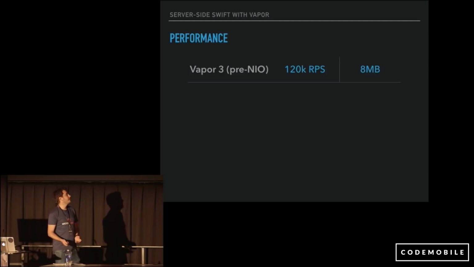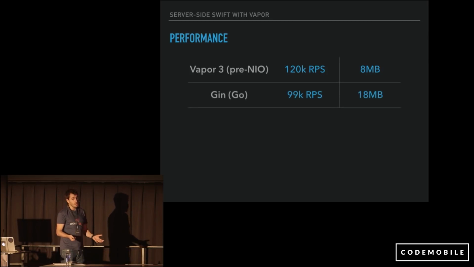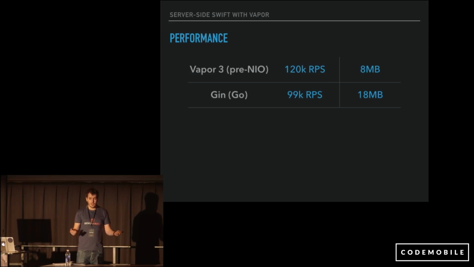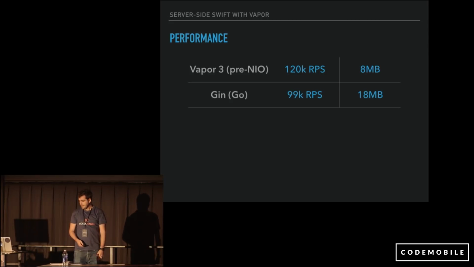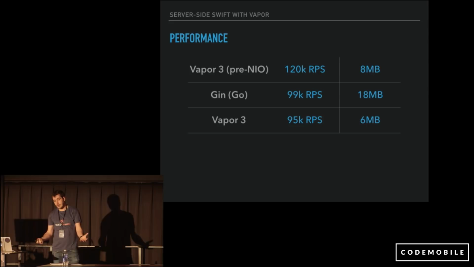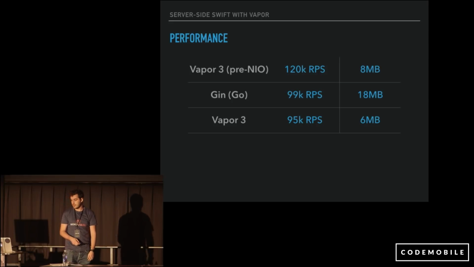To put that into perspective, something like Gin, which is written in Go, can handle around the 100,000 mark. And Go is one of these really top-end languages for performance. Its memory usage is low, not quite as low, but just as low. If we look at Vapor 3 currently, that's around 95,000 because of the introduction of NIO, and I'll talk about that when we get onto it. But the memory usage has dropped again.